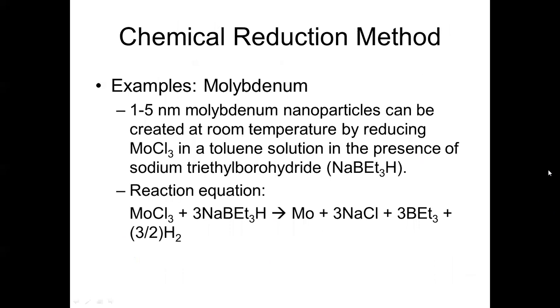So another chemical reduction method that we could use besides gold is for molybdenum. We can make these nanoparticles from the solution below that we could see. And one of the things noted in this recipe is that we're using materials like toluene. And that brings up the concept or discussion of an issue with these chemical reduction methods.